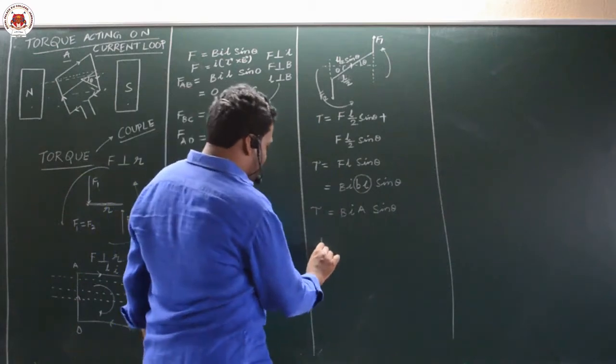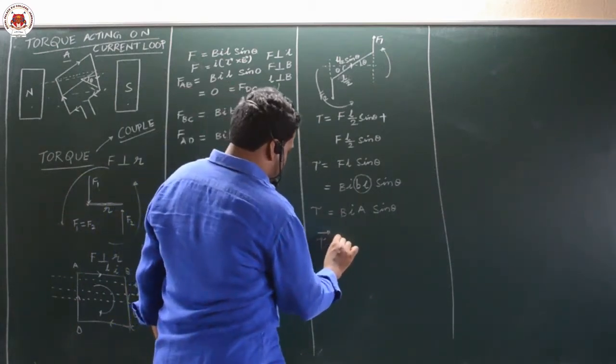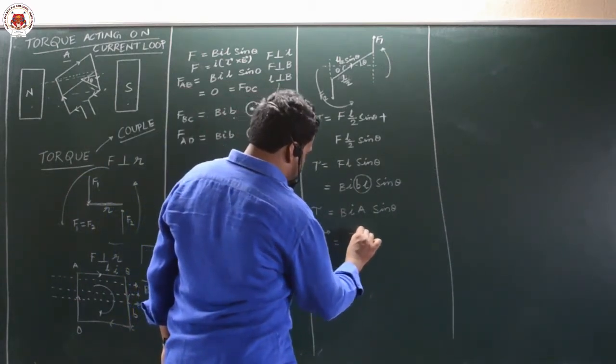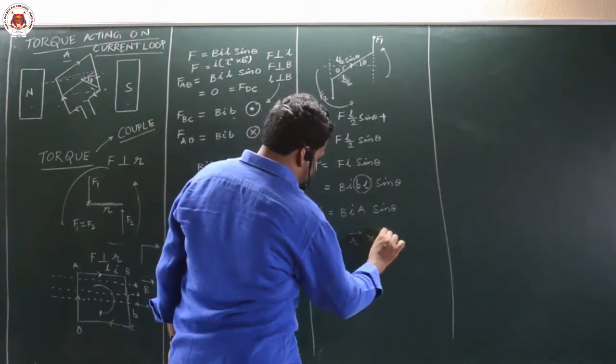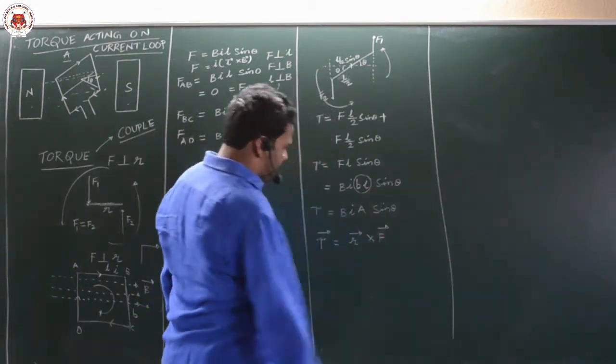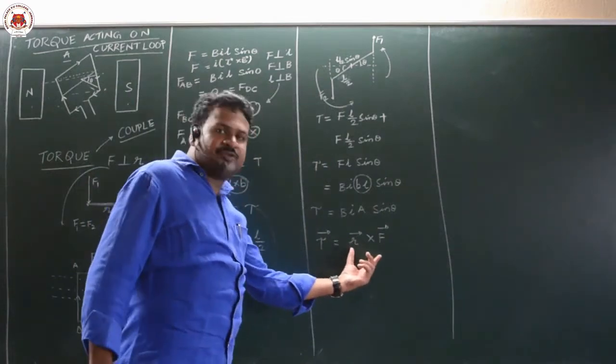Torque, tau bar, is equal to R bar cross F bar. R is the distance between the two forces.